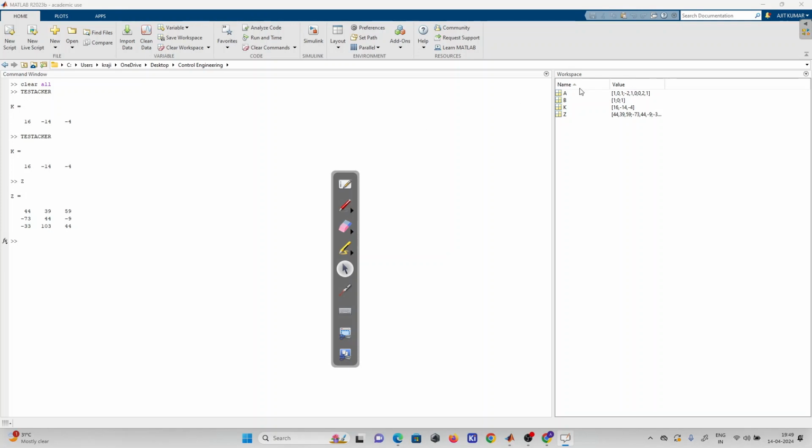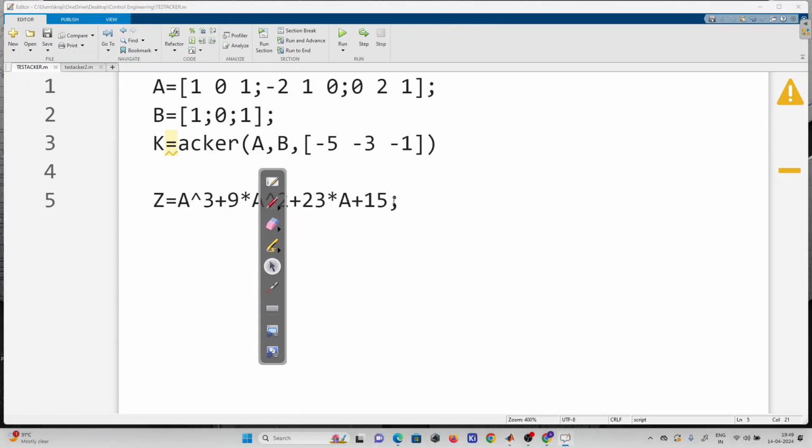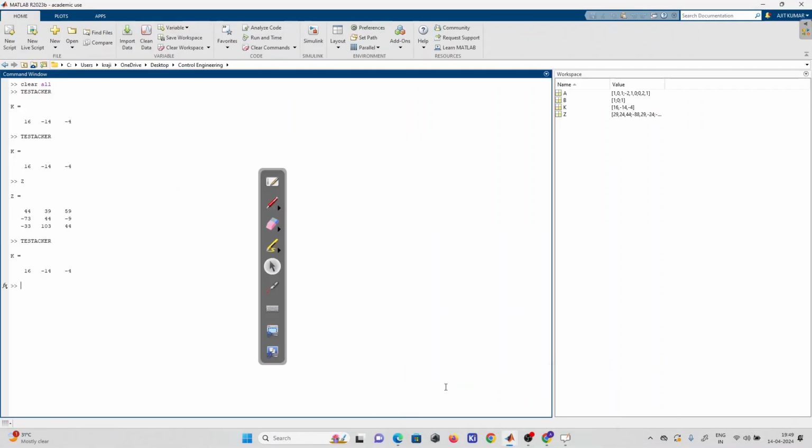First we'll see this one. Let's say I'm removing this constant value, and then we check whether all values come as 15 less or not. So all the elements are 15 less than above.